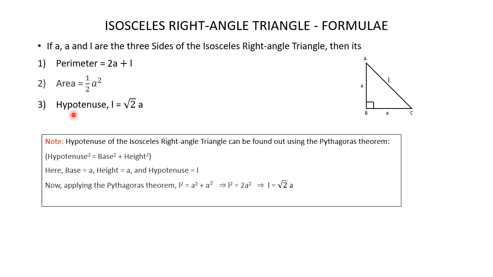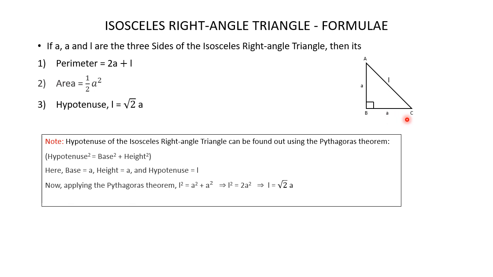The hypotenuse of an isosceles right angle triangle, which is L, is equal to square root of 2 multiplied by A. Now let's see how the formula for the hypotenuse of an isosceles right angle triangle is derived.